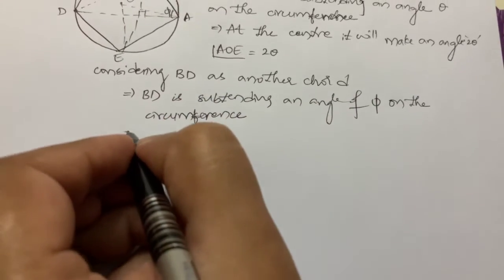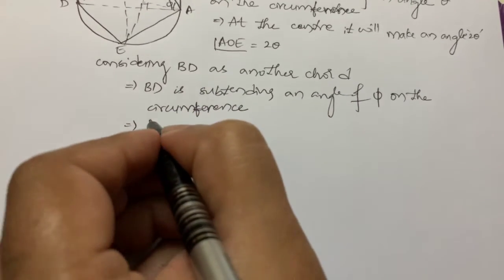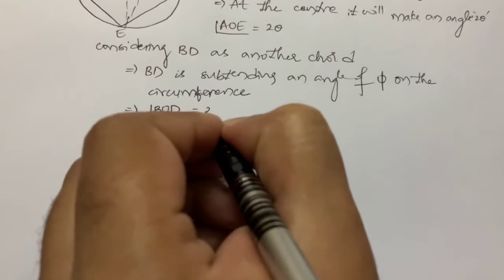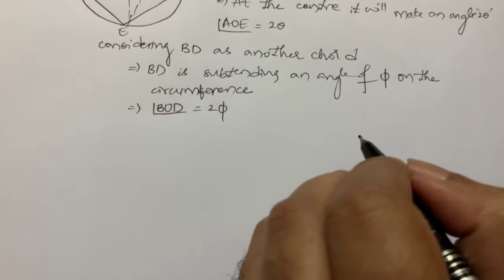So, at the center it will make an angle of 2 phi. So angle BOD is equal to 2 phi.